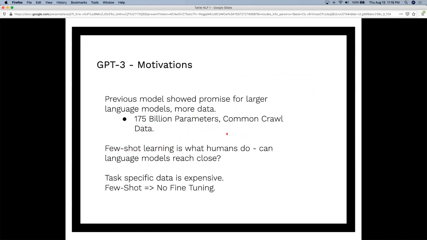And in this process, they figured out that few shot learning works significantly well. One of the other motivations is the data set creation problem we talked about. For each new task that someone can come up with, we'll have to spend time creating a data set, which takes a lot of money and effort.